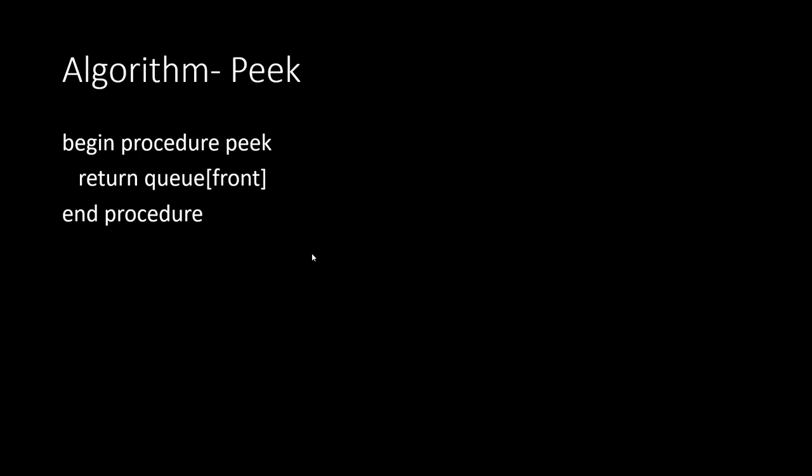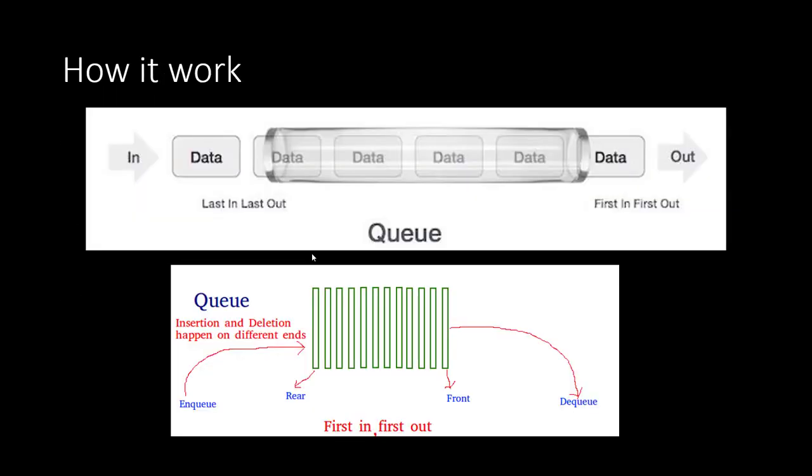Now let's move to the different algorithms that come in a queue and try to understand how they work. If you recall the pointers, because understanding pointers is very important here, look at the front. Front is the element on the right side of the spectrum, the element that came first in the queue.